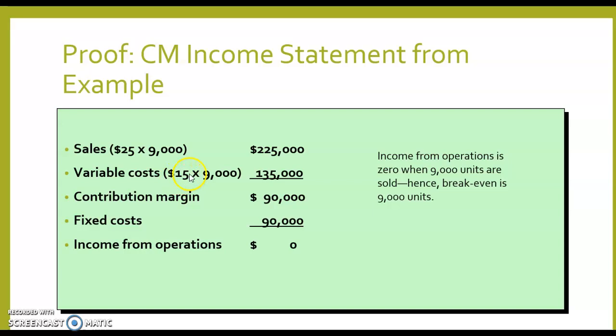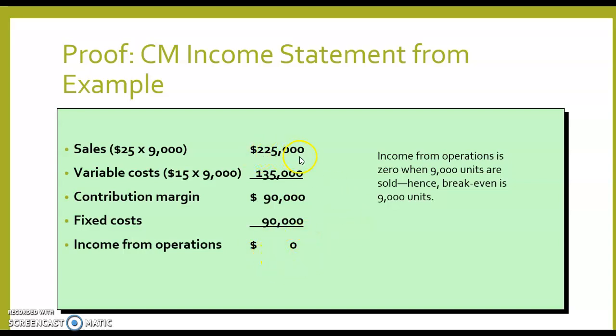Then the variable costs were $15 a unit times the 9,000 units. That's 135,000. So 225 minus 135 is 90,000 would be our contribution margin. We subtract out our fixed costs, which are 90,000, and that gives us 0, our operating income. So we have broke even.